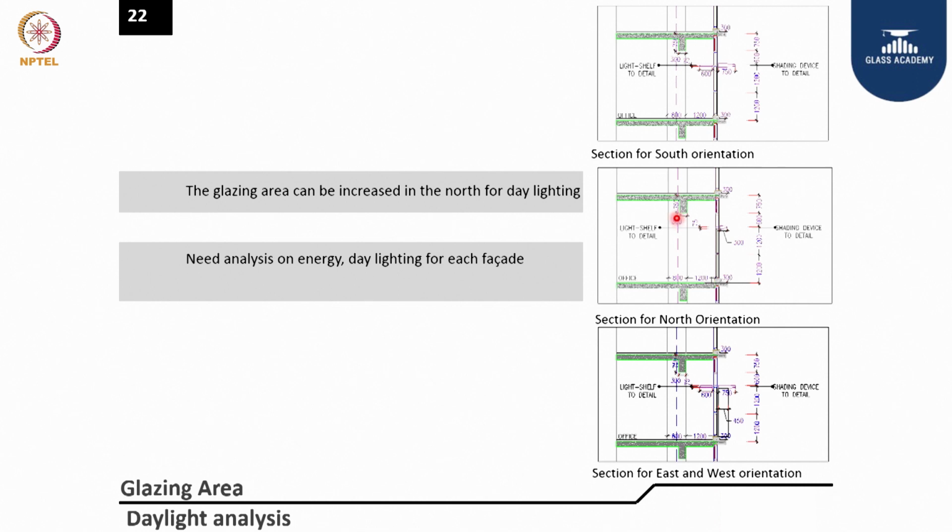So we prefer to have some sort of light shelves to deal with this excess daylight penetration and put this concentrated daylight from the perimeter into the interior space by providing light shelves.